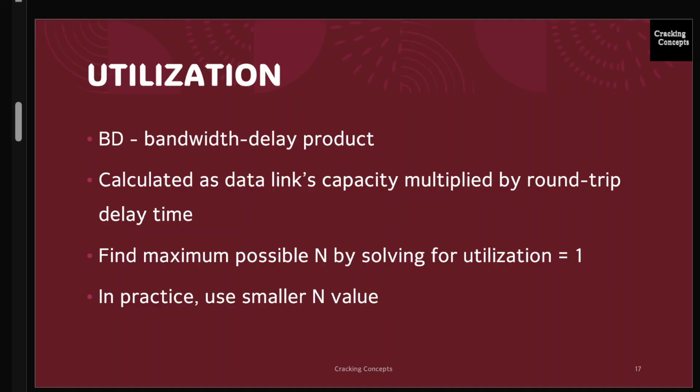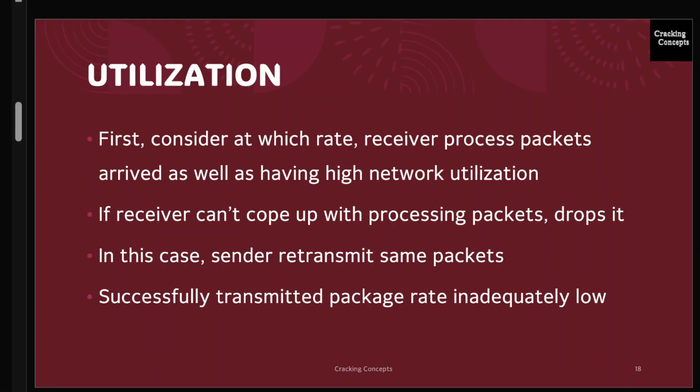Theoretically, we find the maximum possible N by solving the equation we saw before for utilization equal to 1. However, in practice, we need to use an even smaller value for N. There are two main reasons for this. The first is that we need to consider the rate at which the receiver can process the packets that arrive, as well as having a high network utilization.